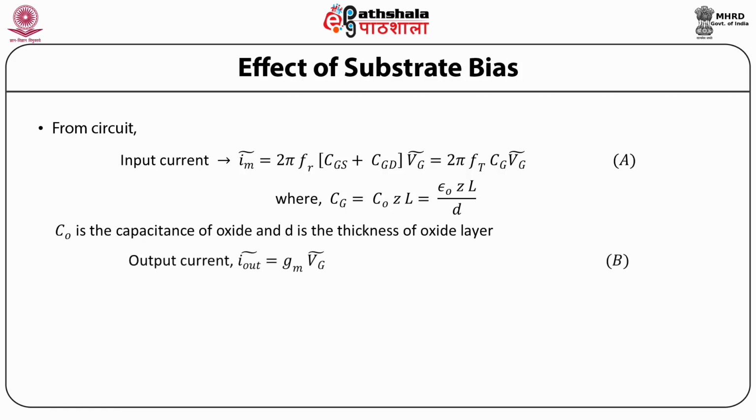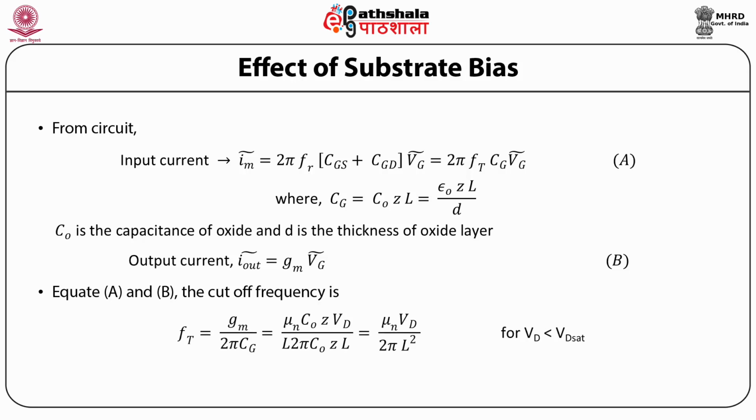So output current is I output equal to Gm Vg. So substituting the expression for I in into I output, the cutoff frequency is Ft equal to Gm by 2 pi Cg equal to mu n C naught Z Vd by L, 2 pi C naught ZL.